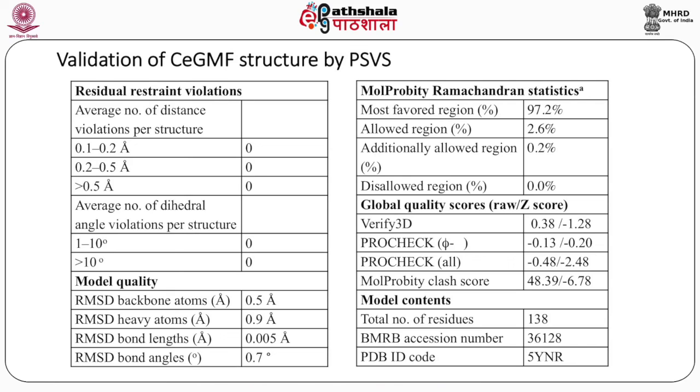And the quality scores: Verify 3D is 0.38 / -1.28, ProCheck phi-psi -0.13 / -0.20, and model contents, total number of residues is 138, the BMRB accession number is 36128 and the PDB ID code is 5YNR.